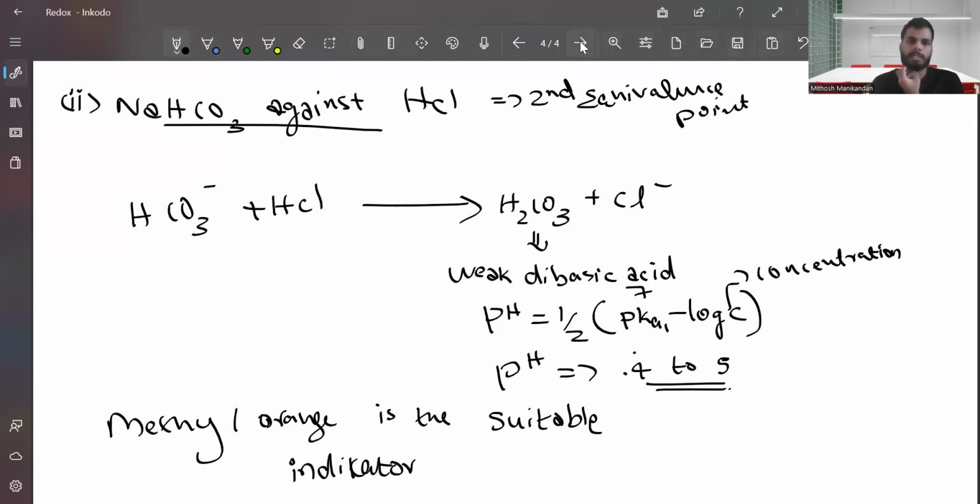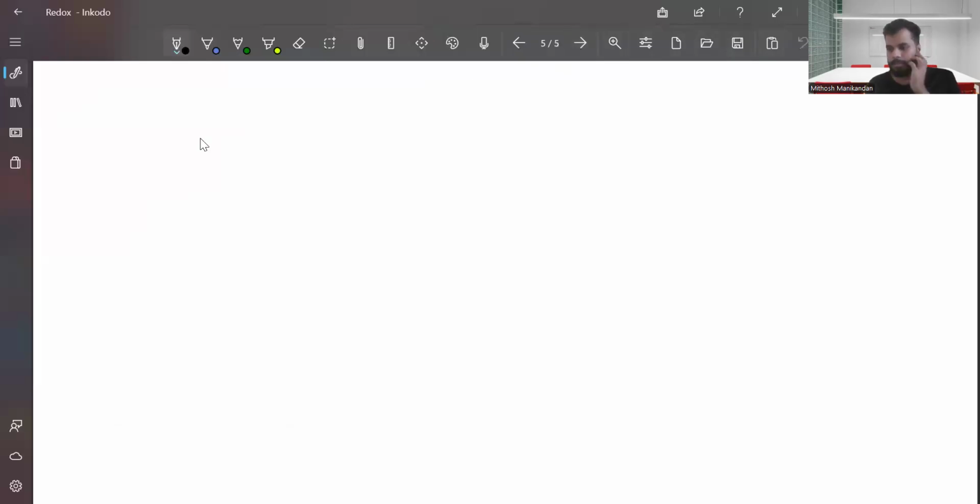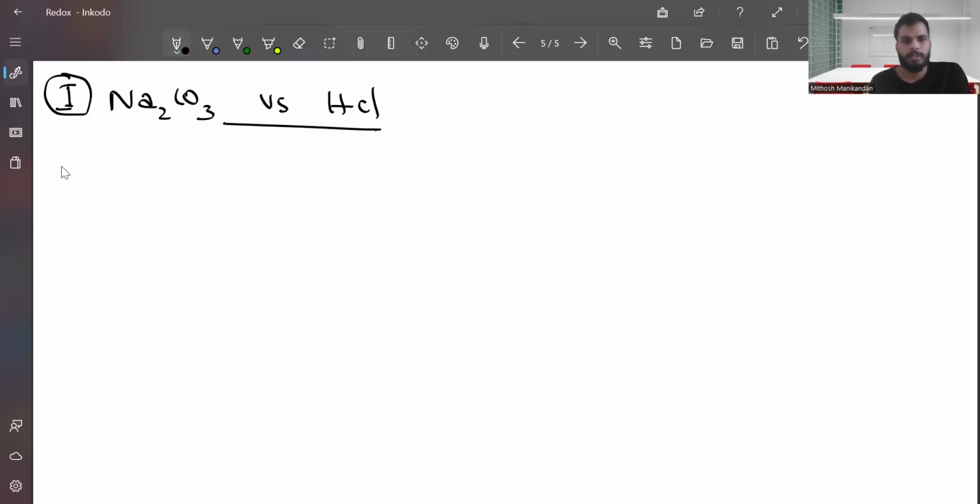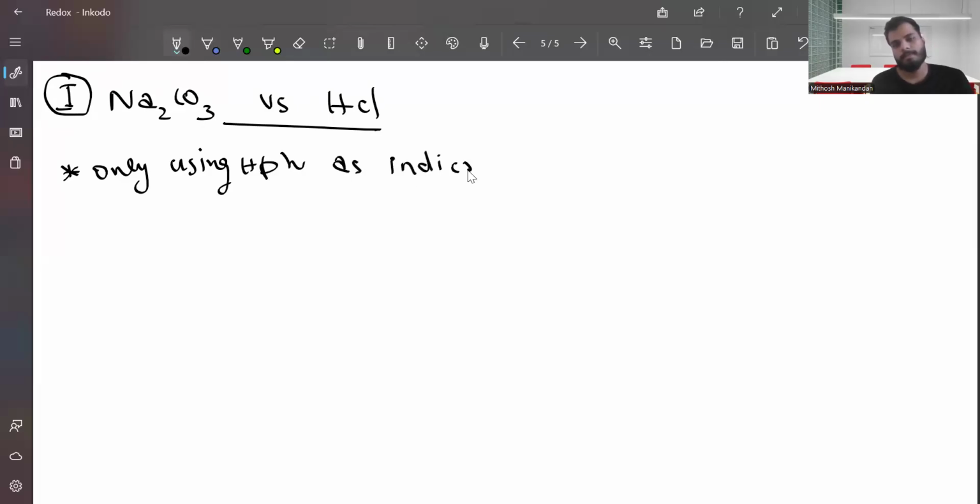Now you need to understand. We take an assumption, let's say, one case: you only use Na2CO3 versus HCl, meaning a titration, and only use phenolphthalein, HPh, as the indicator.